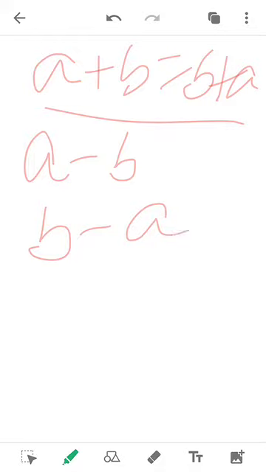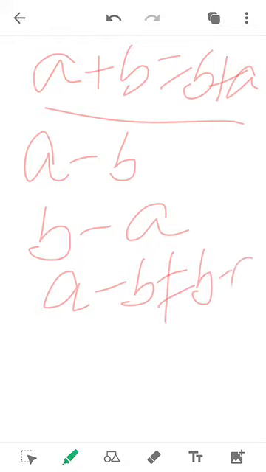But if we do a minus b and b minus a, they are not equal. A minus b is not equal to b minus a.